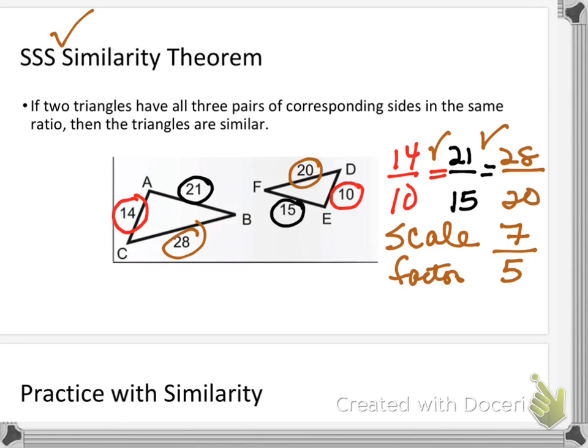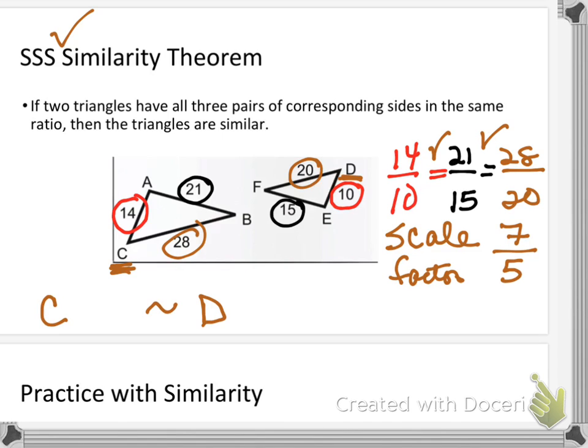Okay, so, and I'm going to start at the letter that's in between the smallest and the biggest. So C is the letter that's in between the smallest and the biggest on the triangle to the left. Okay, and D is that same angle for the triangle to the right.